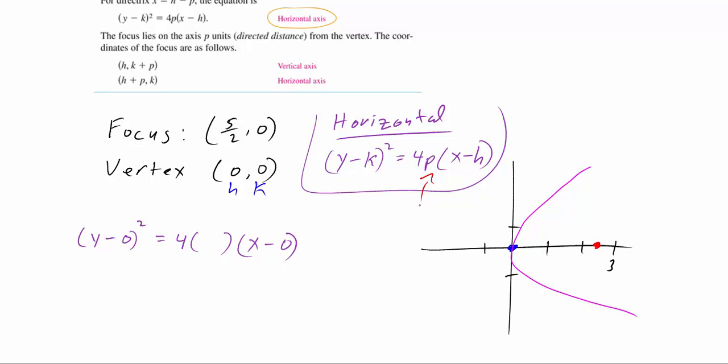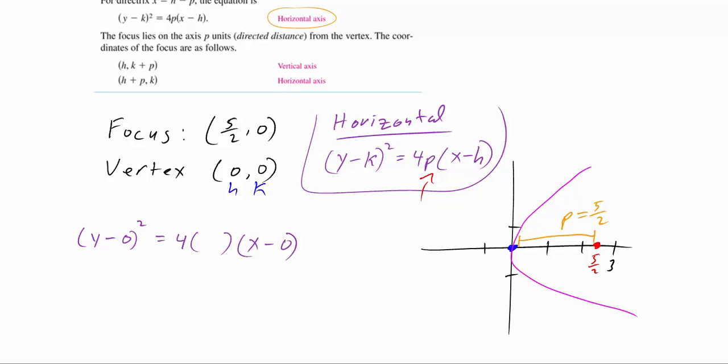Well, we know that p is the distance from the vertex to the focus. So from the vertex out to the focus, which is located at 5/2, that tells us the value of p is simply 5/2.